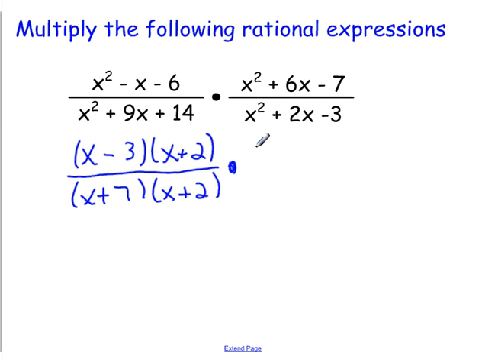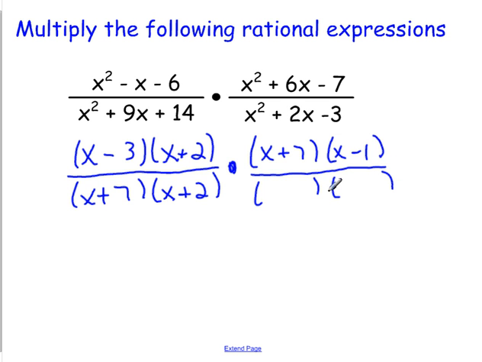And then over on this fraction, we want numbers that will multiply to negative 7 that add to positive 6. So x plus 7, x minus 1. And then on the bottom here, we want numbers that multiply to negative 3 that will add to positive 2.